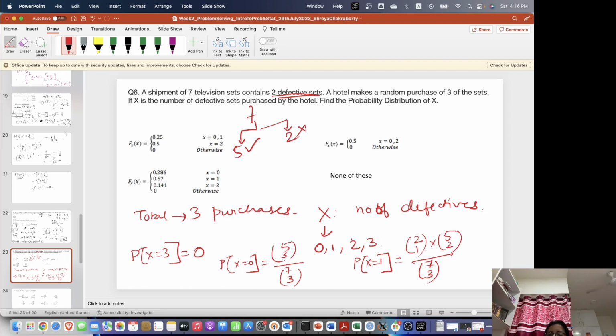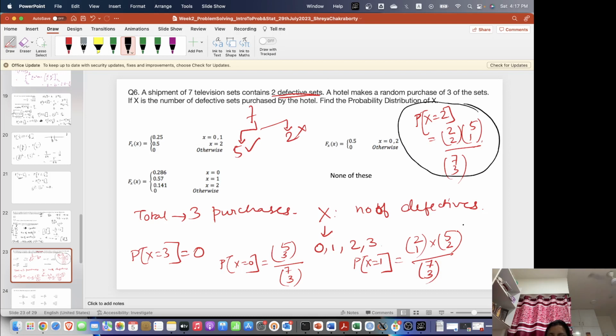Similarly, probability x equal to 2 will be, I am taking both defectives and one I have to take from the good ones. So solving these, what do you get as the value? This will be probability x equal to 2. This will be probability x equal to 1. And this will be probability x equal to 0.